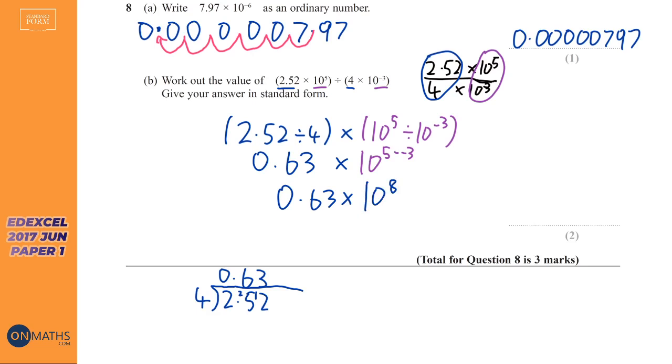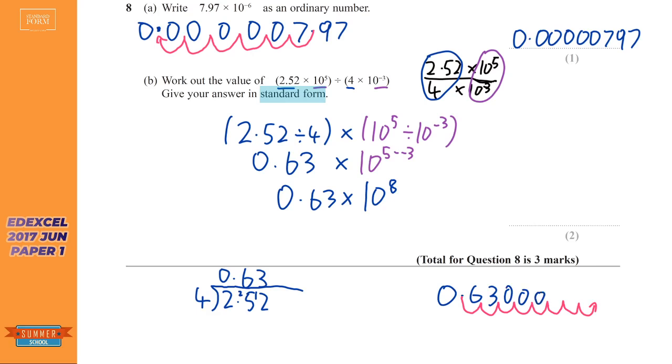Now it says again, it wants our answer in standard form, and currently this isn't in standard form. Now there's two ways of doing this. I always err on the side of caution with this, because I'm always nervous I'll get it wrong. So what I do is I just convert it to an ordinary number, so 1, 2, 3, 4, 5, 6, 7, 8.